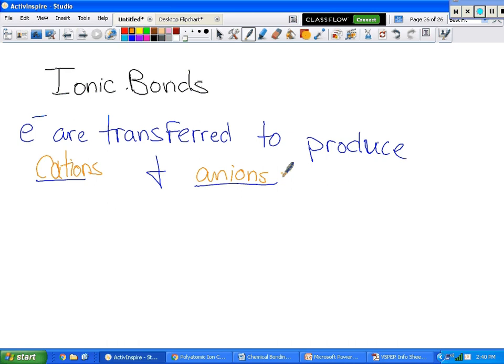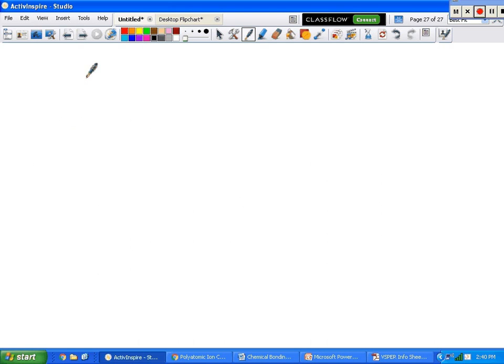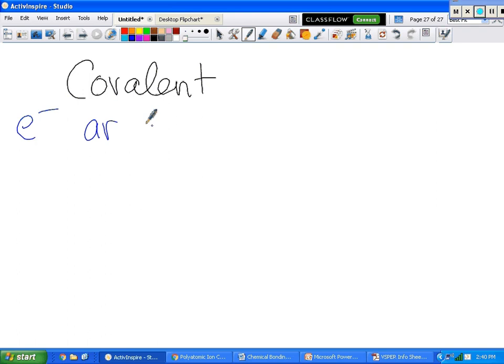Now the second one is covalent. So how are electrons treated in a covalent bond? Very good. Electrons are shared. I don't mean an "and" here, there's one more.